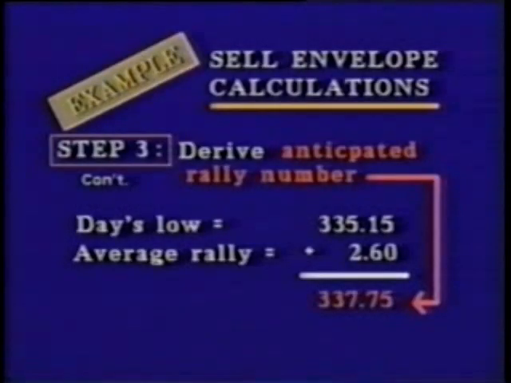So this is how far we think the market's going to rally tomorrow. Now, to generate the number that's going to go in the envelope, we add that 2.60 to today's low, which was 335.15, and we get the number in red, which is 337.75. Another number for our sell envelope.